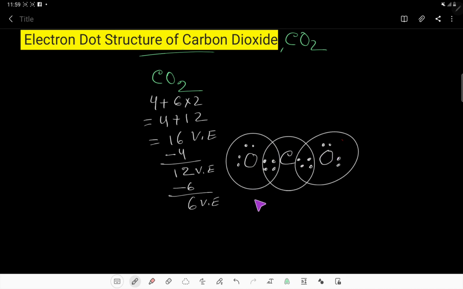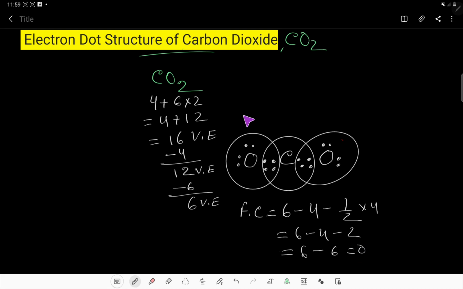The formal charge of oxygen equals valence electrons of oxygen in free state, that is 6, minus unshared electrons 4, minus half of shared electrons 4. So we are getting 6 minus 4 minus 2, that is 6 minus 6 equals 0. So the formal charge for this oxygen is 0.